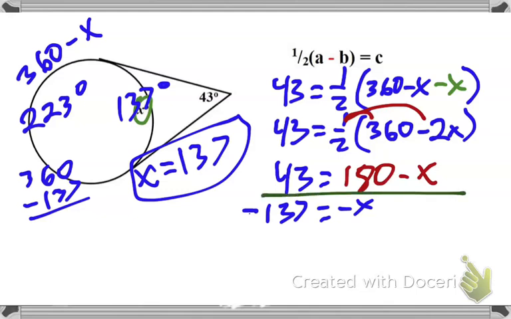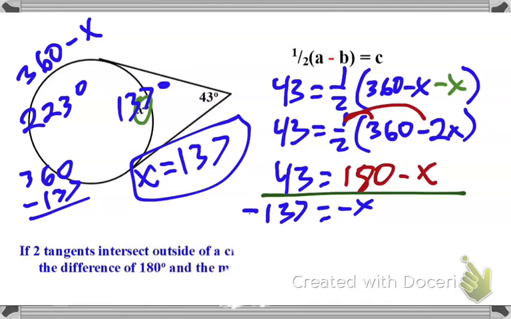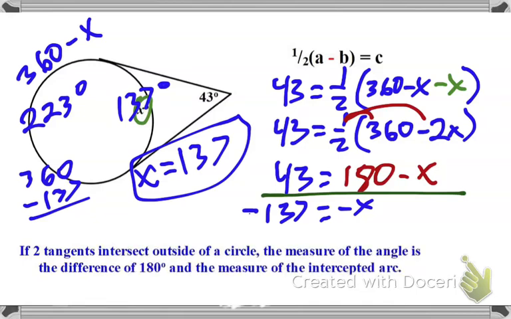All right. Now, I do want to point out something right here, this line here. Notice this simplified down to where the angle is equal to 180 minus x. If you have two tangents intersecting outside of the circle, then the measure of the angle is the difference of 180 and the measure of the intercepted arc.